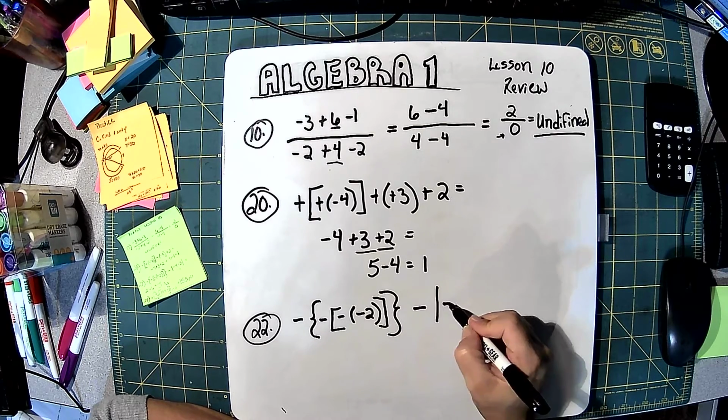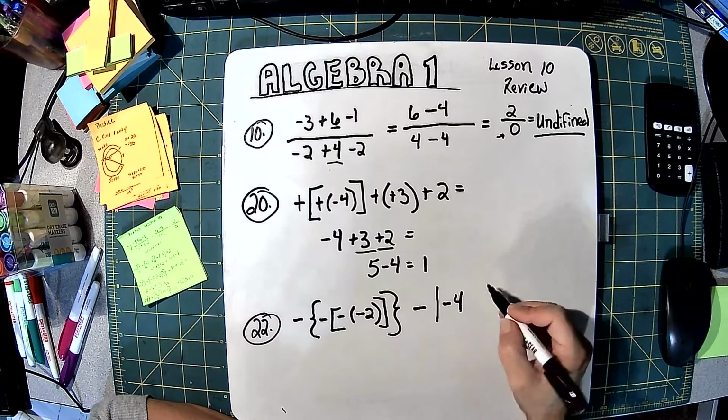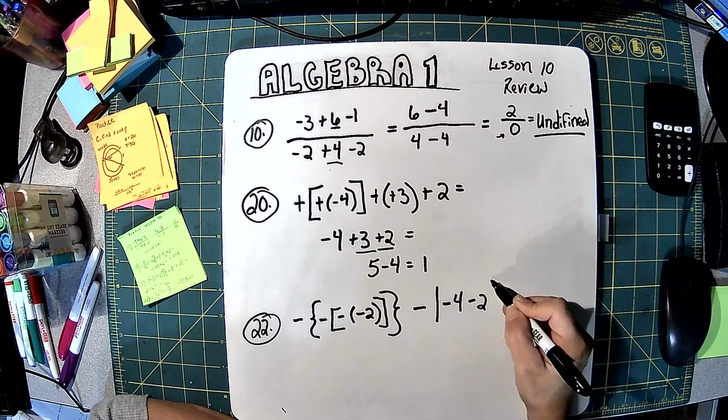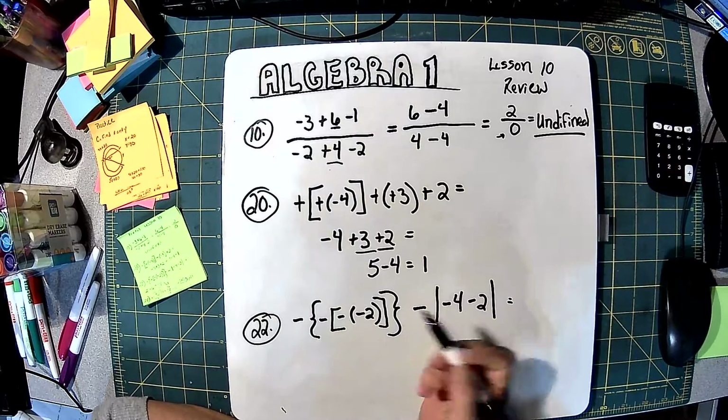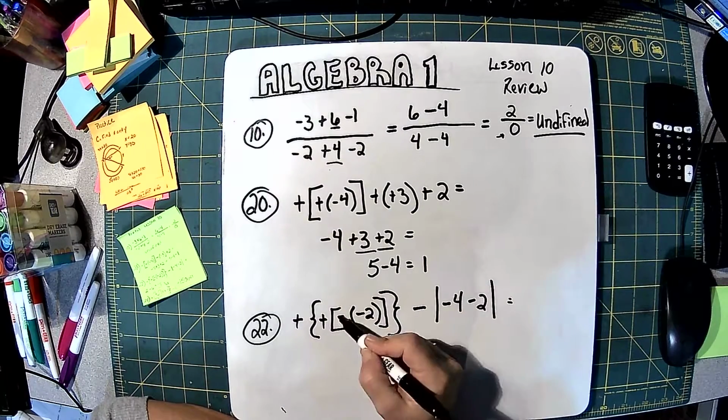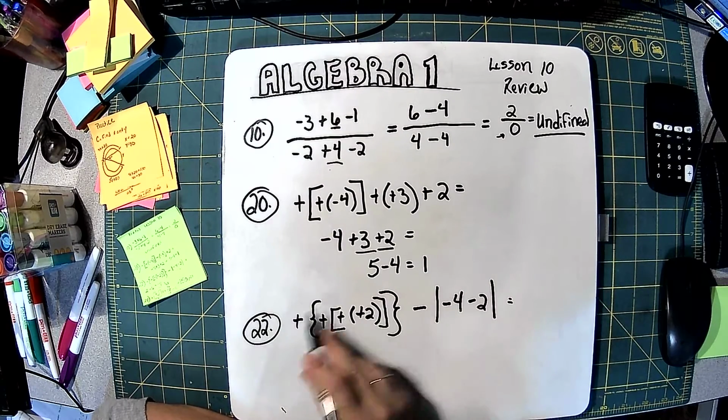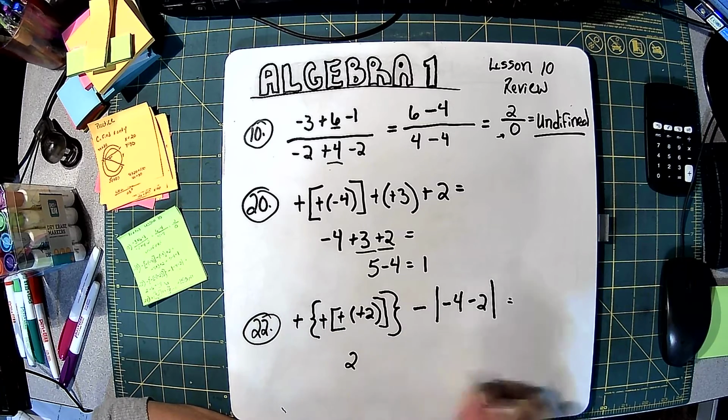Now, this one is an absolute value sign. Okay, so first we're going to get rid of our complicated notation, so those two cancel, and those two cancel, and all that complicatedness just means positive 2.